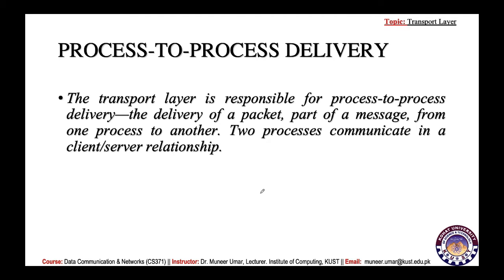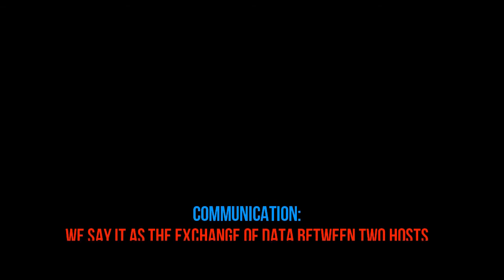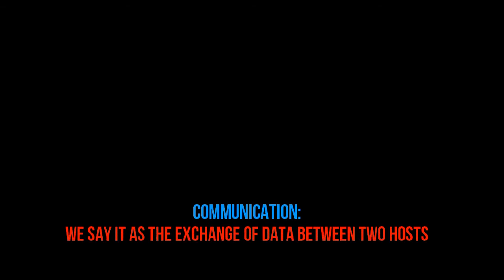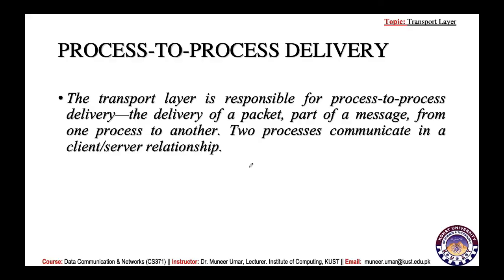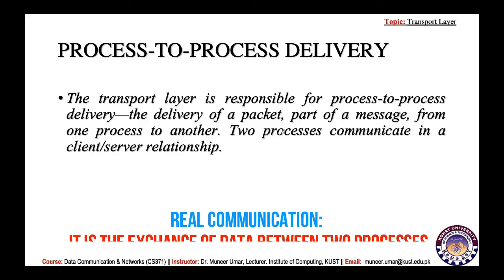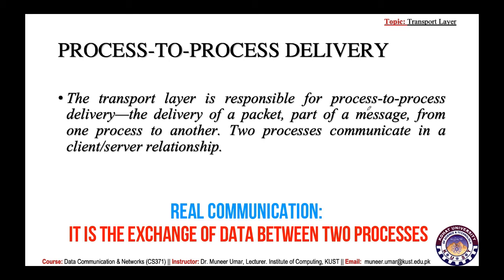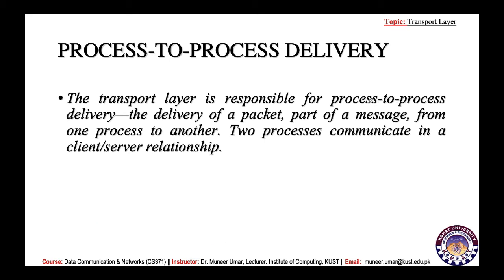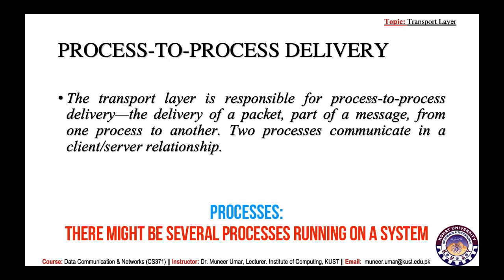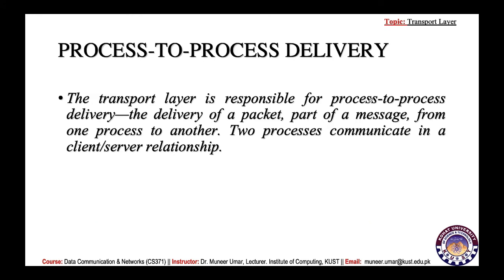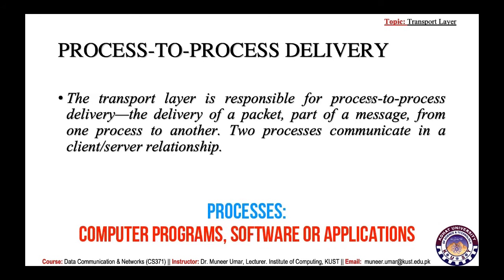When we talk about communication, we say that it is the exchange of data between two nodes or between two hosts. But in fact, the real communication takes place between two processes. At a moment, on one system, there might be several processes running. By process, we mean the applications or software on systems which we execute.